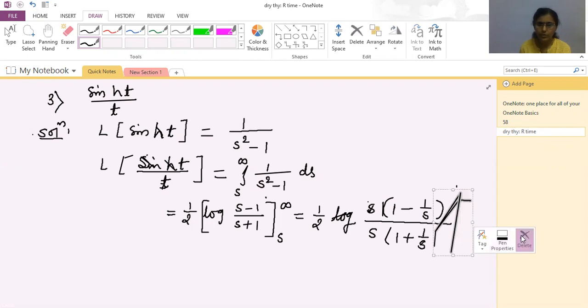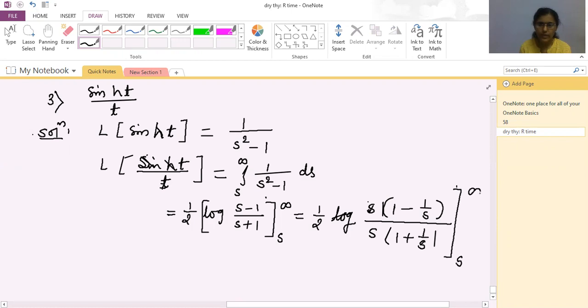Now can we put the limits? Still we cannot put. We will cancel this s and now we can replace s by infinity, because if we put infinity in the denominator, then we can write 1 by infinity as 0.